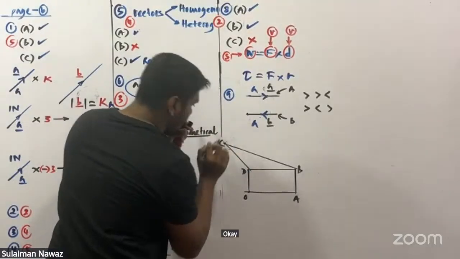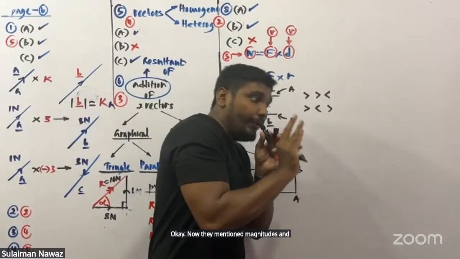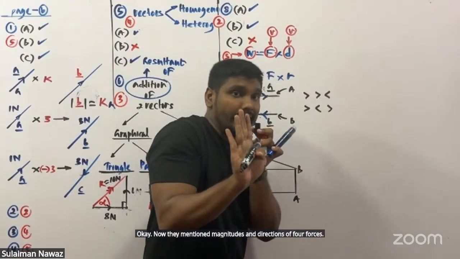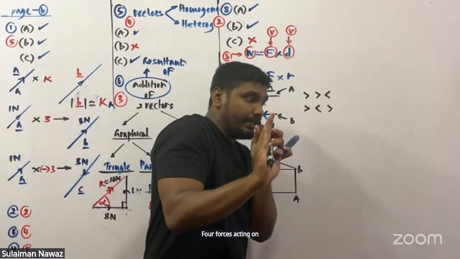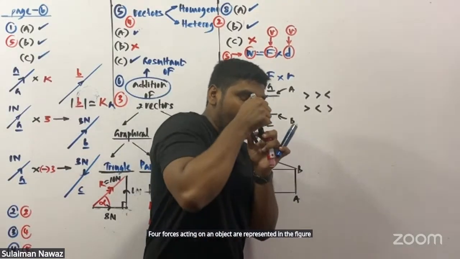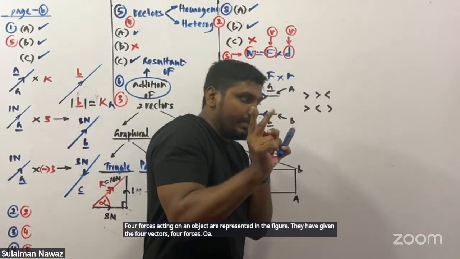Okay. Now they mentioned magnitudes and directions of four forces. How many vectors are there? There are four vectors. Four forces acting on an object are represented in the figure: OA, AB, BC, CD.